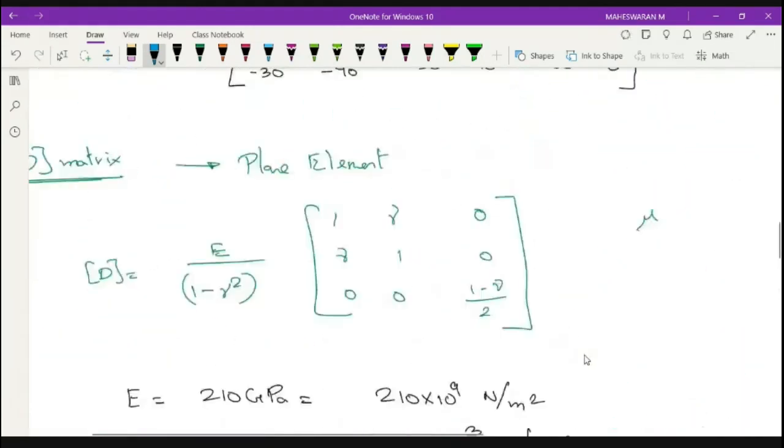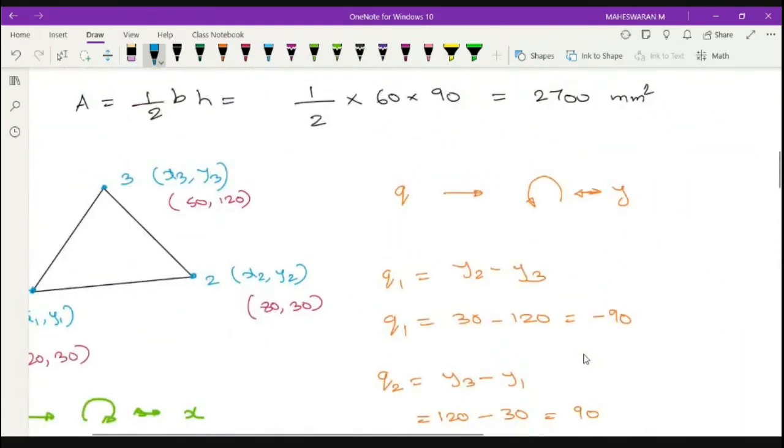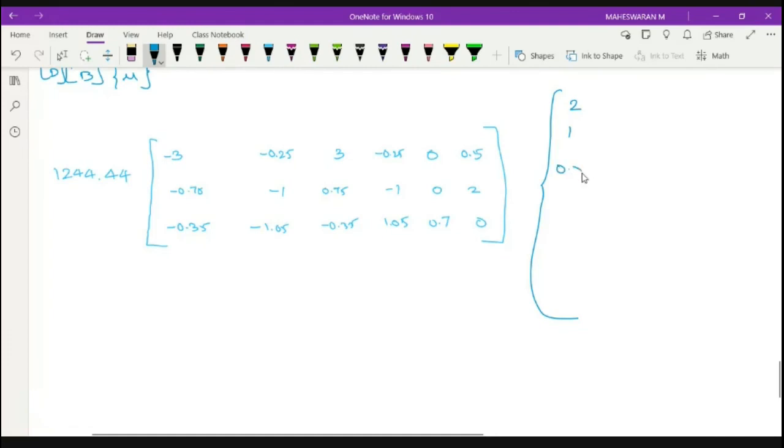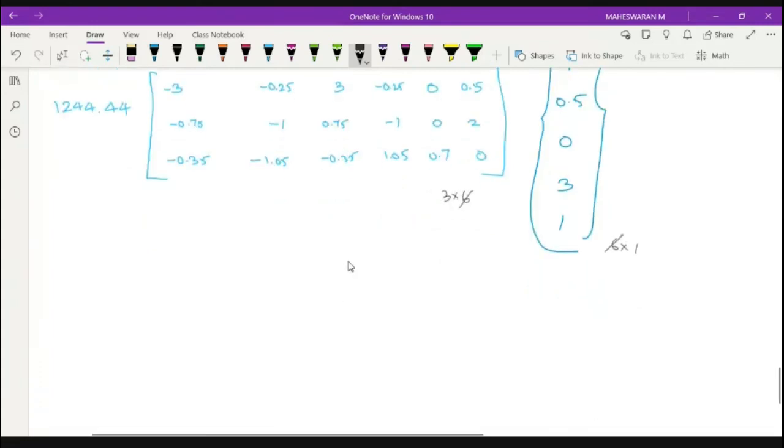We already identified it, right? It is already given in the question. 0.5, 0, 3, 1 is my matrix. So this is a 3 into 6 matrix, and this is a 6 into 1 matrix. So when I multiply, you will get a 3 cross 1 matrix. Okay, so that is your stress, right?